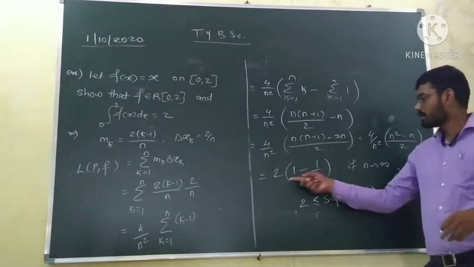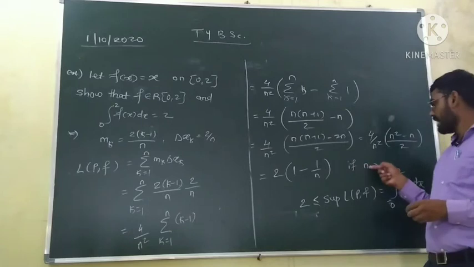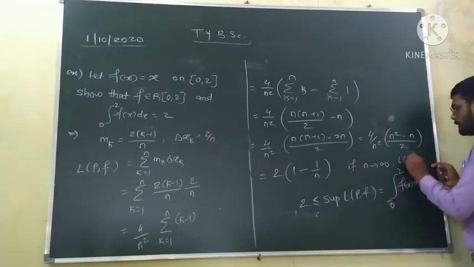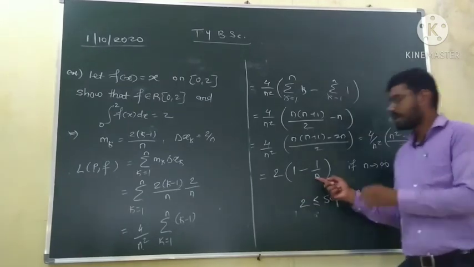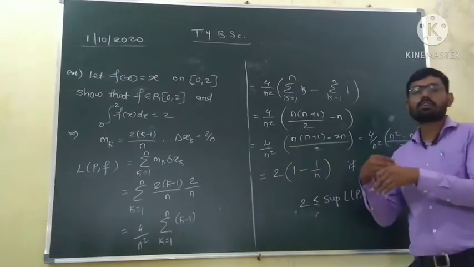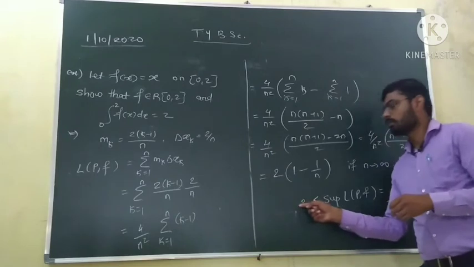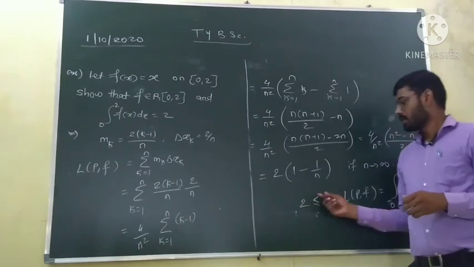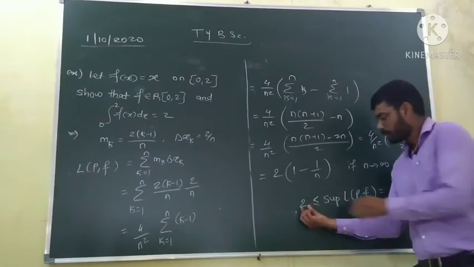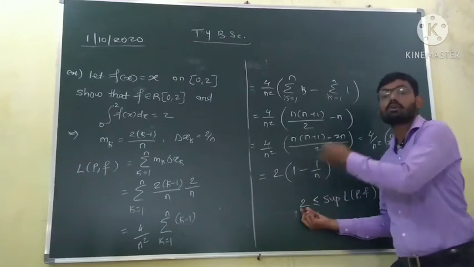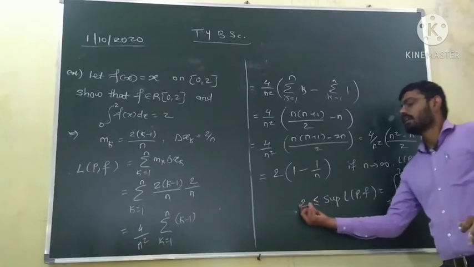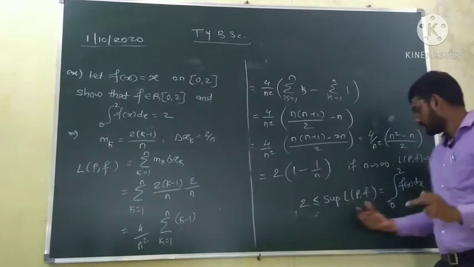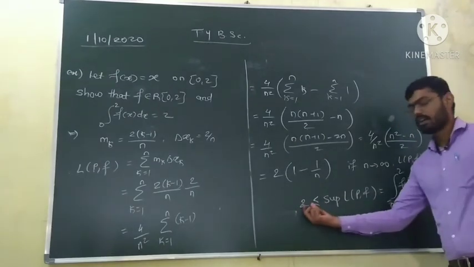See, as n tends to infinity, 1 by n tends to 0. If we take n equal to 1, it is 0. Take n equal to 2, it is 1. Tending to 2 from the left side. So lower sum tends to 2. So 2 or a number greater than 2 must be the supremum for lower sum. So the supremum of lower sum must be greater than or equal to 2. That is, lower integral must be greater than or equal to 2.